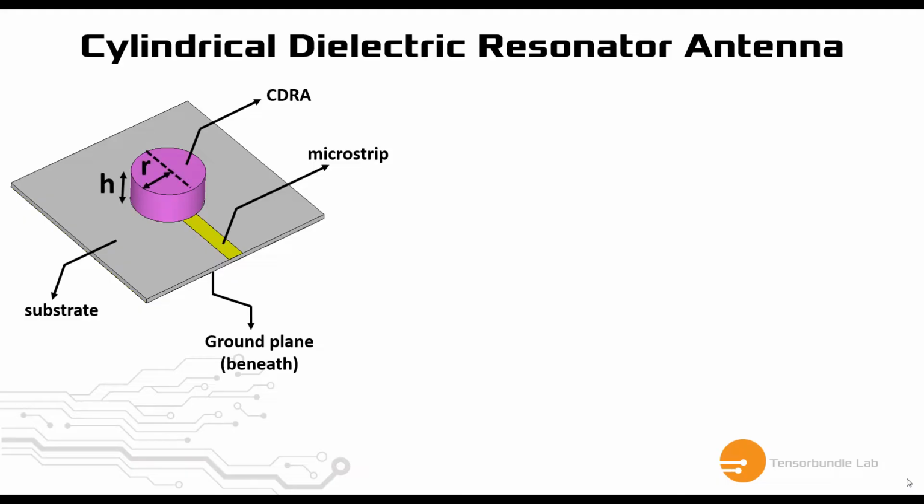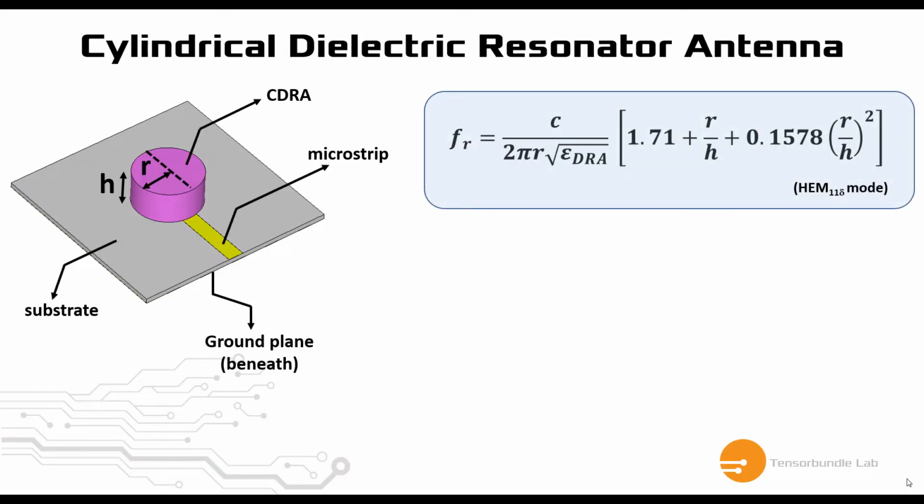So if we assume that the cylinder has a radius of r and a height of h, then the resonance frequency can be roughly calculated by using this expression. But again, this expression is only valid for this hybrid mode, which is denoted by HEM11 delta mode.